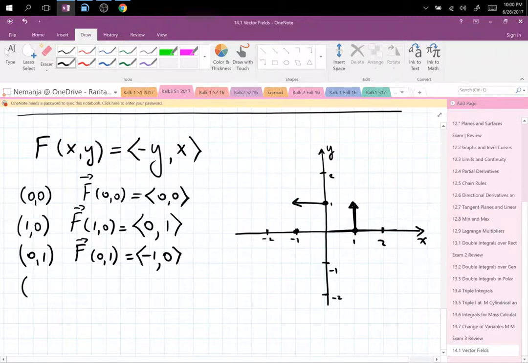What is happening at negative 1, 0? Y is 0, so that's 0. And then negative 1. That's this.